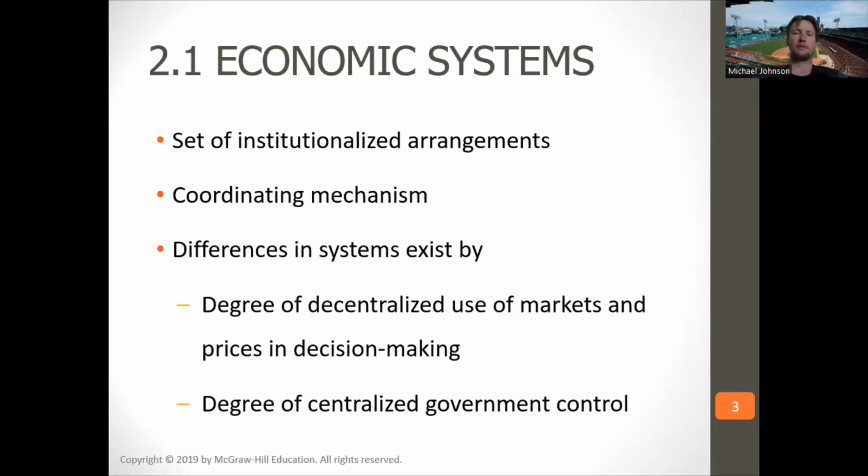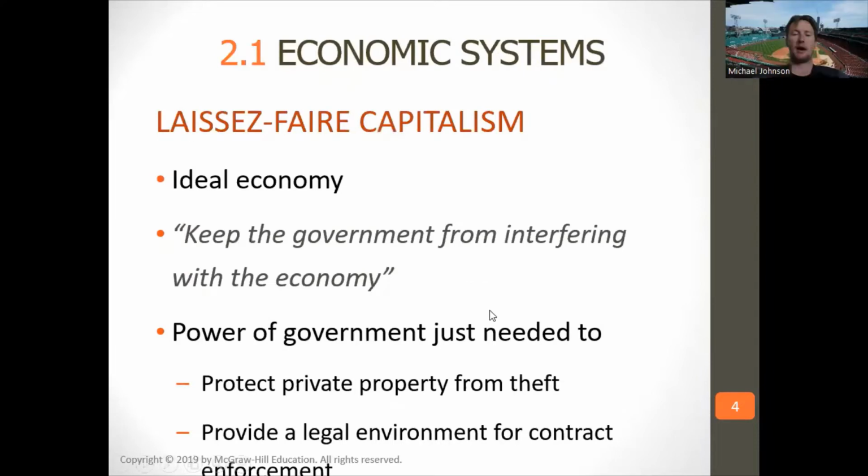So economic systems are institutionalized arrangements, and they're different because of the decentralized use of markets, prices, and decision making, and also based on the amount of government control. Laissez-faire capitalism is when there's no interference from the government. The government doesn't have that much power over the economy.